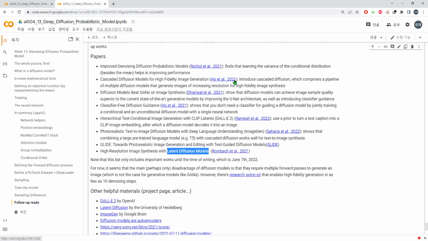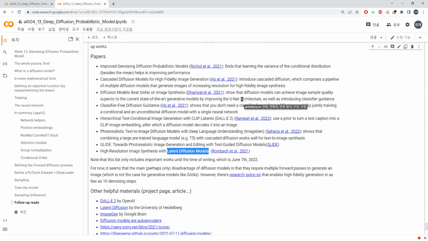And I think DDPM became the standard in the diffusion model domain. So if you want to study more about diffusion models, just start from the original DDPM paper written by Jonathan Ho in 2020.